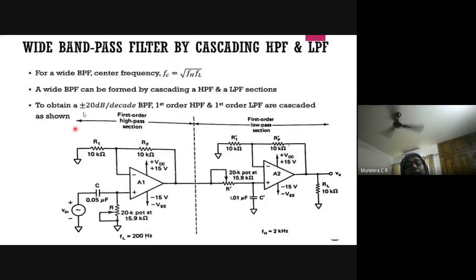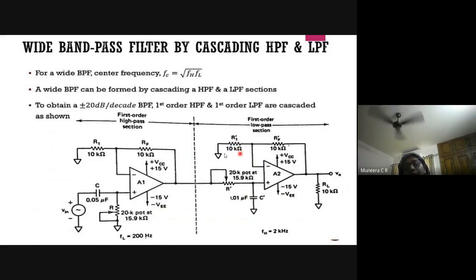Now, another method of realizing the wide band pass filter is a first order high pass section and a second order low pass filter. If you cascade these two, of course you get a band pass filter. Here one thing you have to note is that the lower cutoff frequency of the high pass filter should be much greater than the upper cutoff frequency of the low pass filter.